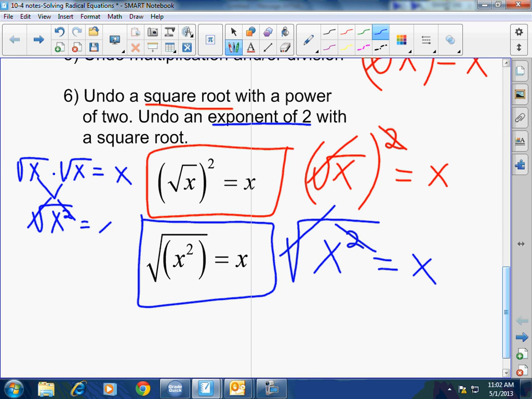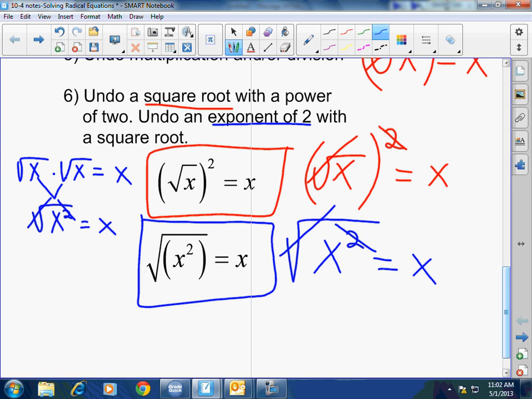And I'm left with x. So that's why whenever you multiply the same exact radical times itself, you're going to have the radicand left over as the answer. Does that make sense, guys? So you cancel out a power of 2 with the square root, and you cancel out a square root with the power of 2. You guys with me?